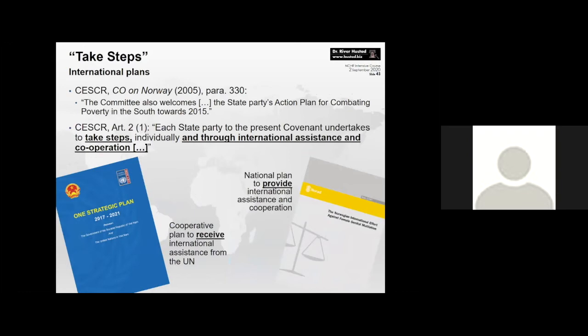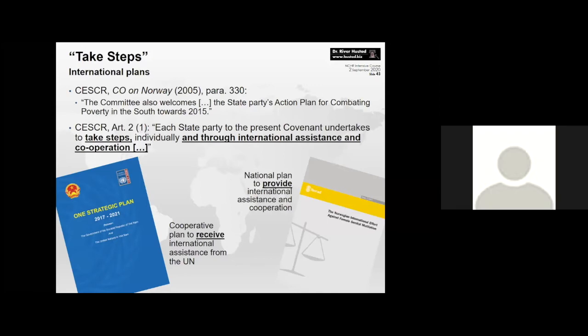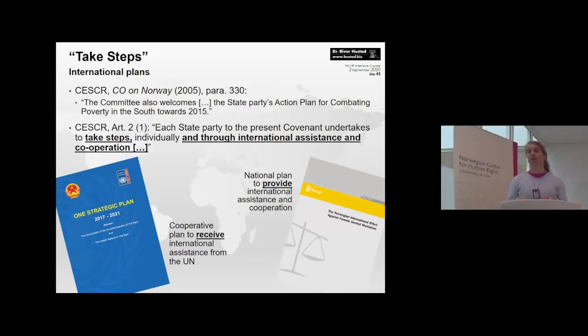I just wanted to clarify, what do you mean when you said HDI is not useful? It's not particularly useful in fulfilling the economic, social, and cultural rights in each individual state. So the committee has said that it's the nationally designed benchmarks that are the most important.